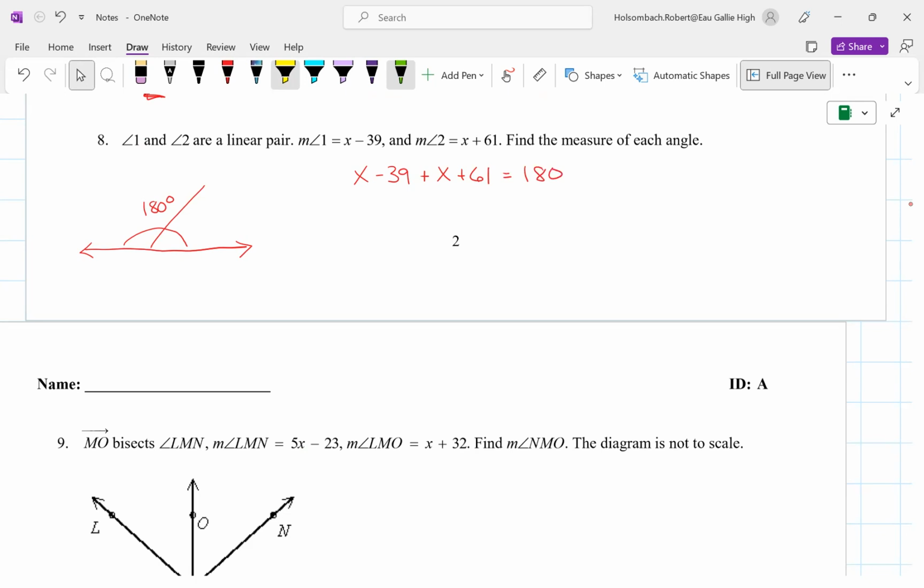So we're going to combine our x's. We get 2x. Going to combine our constants, the negative 39 plus 61, positive 22. That's equal to 180. Going to subtract 22 from each side.